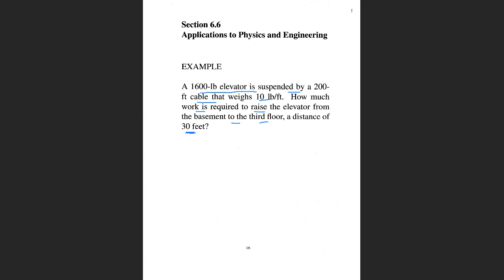But all right. So let me ask you, how should we start this problem? What do you think might be helpful to start this kind of problem? Well, let me ask you this. What units would work be in for this problem? We're going to find work.